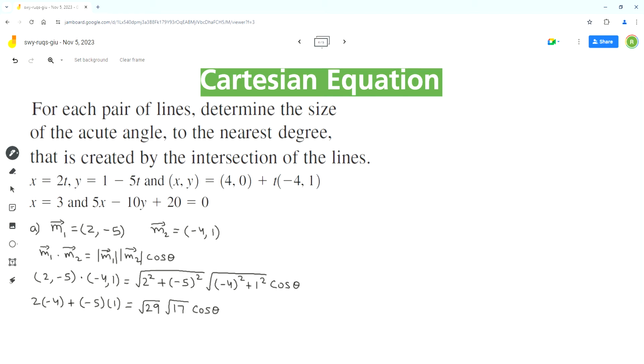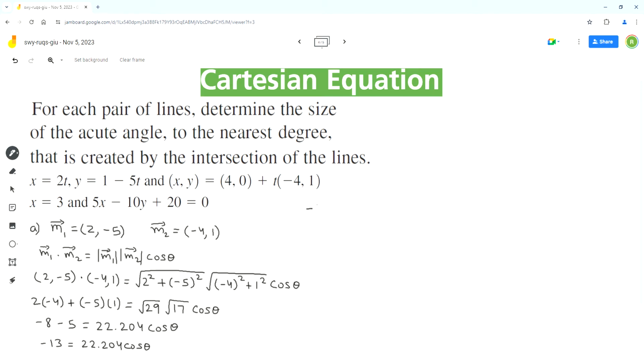Now we can simplify the expression on the left side. Now we can multiply square root of 29 and square root of 17. Next, we can divide both sides by 22.204.